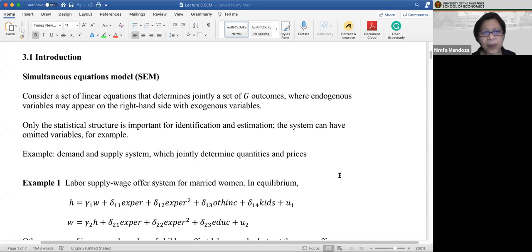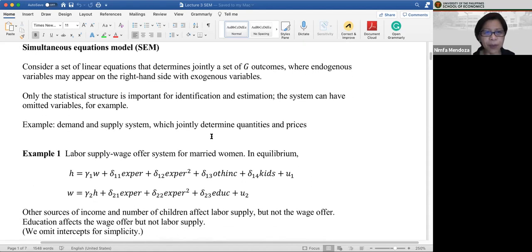Notice that as we go into the identification problem and the estimation approaches, only the statistical structure is important. Okay, so we're abstracting from omitted variables.